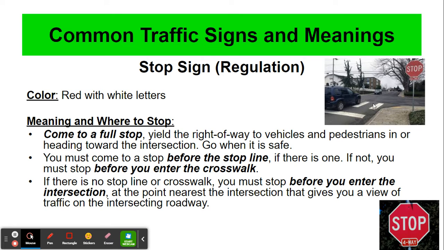Then you can make another full stop and see if there's any oncoming traffic. If there is none, then you're free to go and you can roll through. If there is, then you have to bring your car to a full stop at that point, even if you're over the crosswalk. This is expected of you. That should be everything that's written right here.